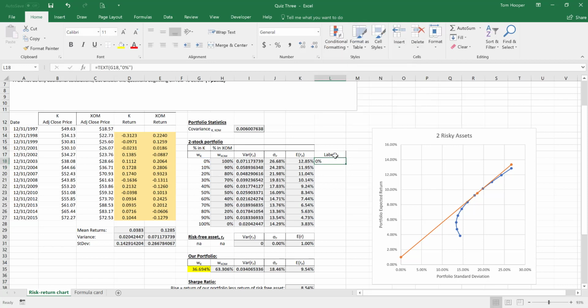That gives us the 0% as a label, and we want that label so that we can add text to it. And the way we add text to it, the word we use is concatenate. We can use the ampersand and put in more text, in this case in quotation marks.